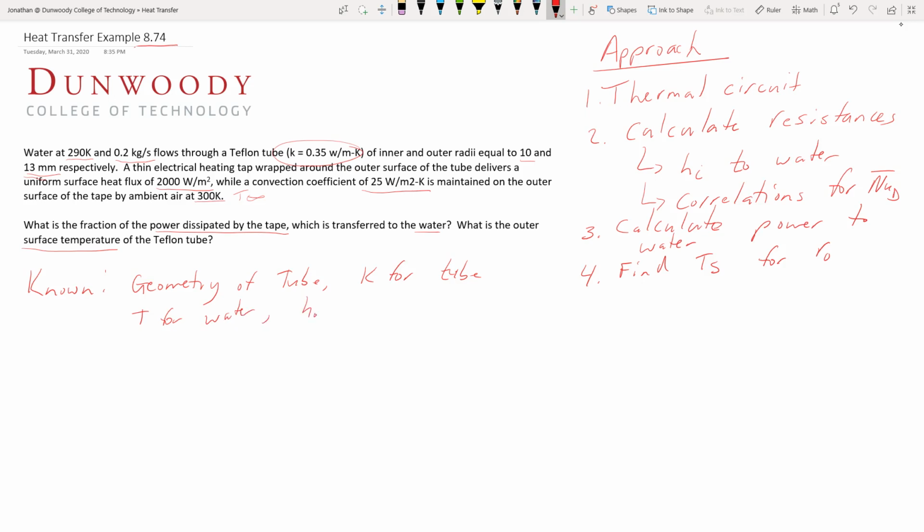We know h_o, and we know T infinity for the air. Anything else that we know? I think we've got it. We know q double prime from the tape. So we know how much power we're putting into the system.